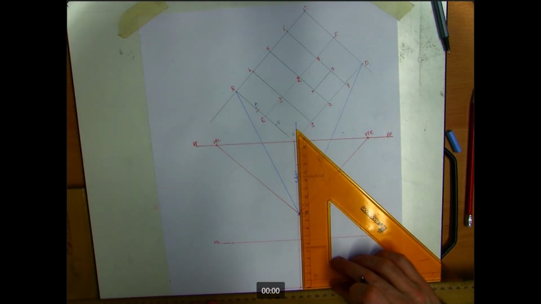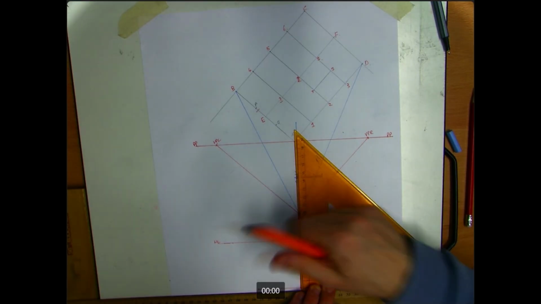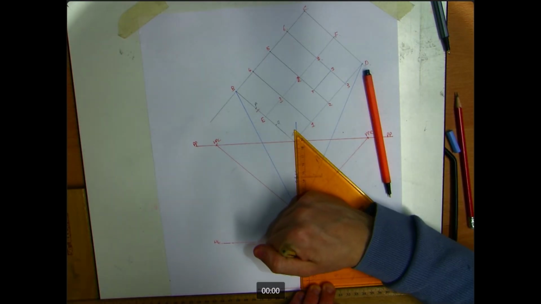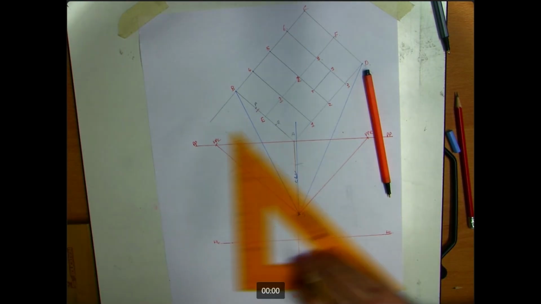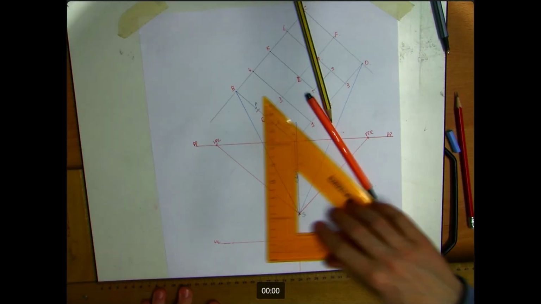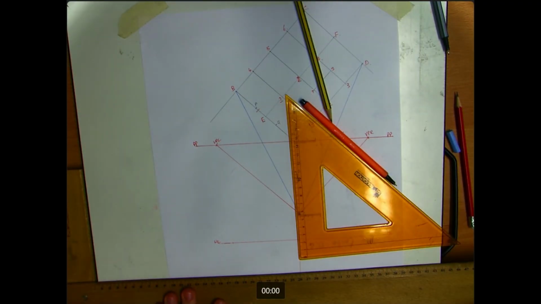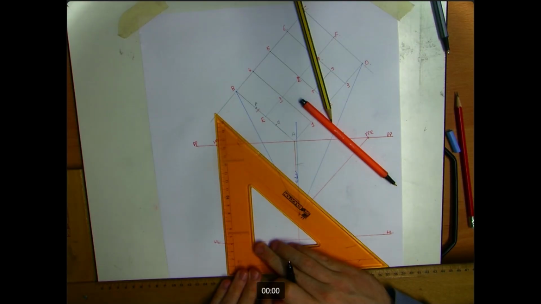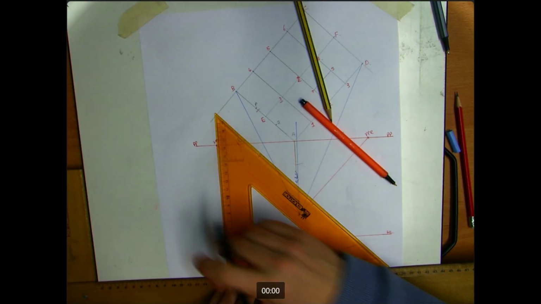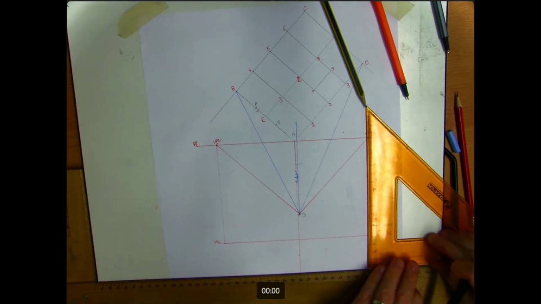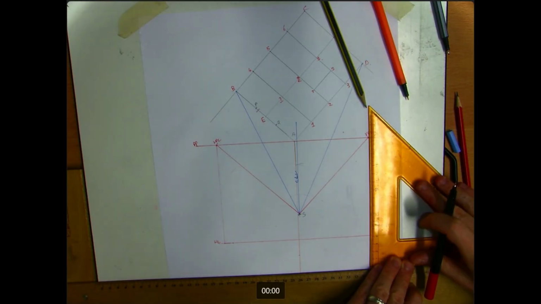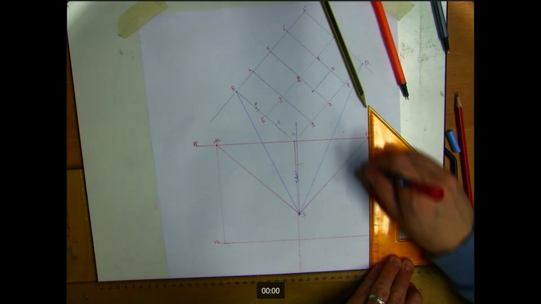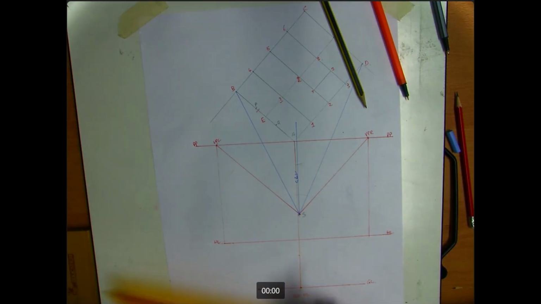So the height of the building is 45. So I'm measuring 45. So I'll bring down my vanishing points. VPL comes down. VPR comes down.